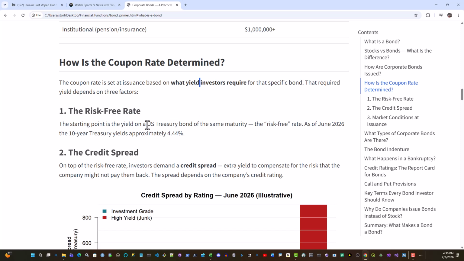U.S. Treasuries, I should say, is typically used as a risk-free rate. So, in other words, if you have a 10-year issue, for example, you might want to think about using the 10-year Treasury bond as a risk-free rate calculation or portion of that final rate you're going to use.